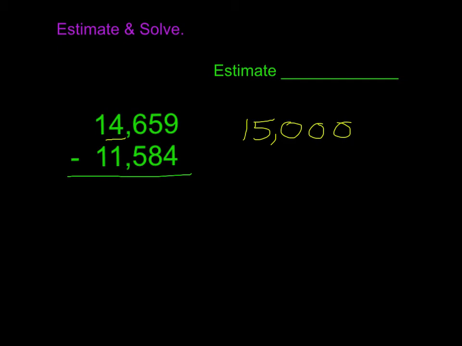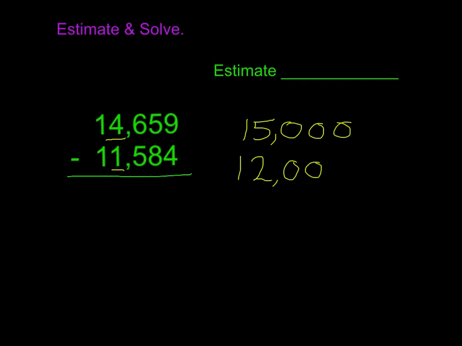Then I'm going to look at my second number. I have a 1 in the thousands place. I'm going to look right next door, and I have a 5. A 5 is 5 or more, so we're going to add one more. We're going to take our 1 here and add another 1 to it, which will give us a 2. So we're going to write a 2 in the thousands place, bring over our 1, and add in our zeros.